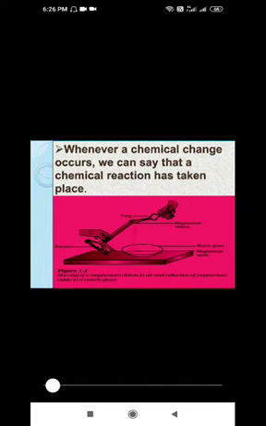And when you put it on the flame of a Bunsen burner or a candle or a spirit lamp or anything like that, you will see that the magnesium ribbon starts burning, right? And when it starts burning, it produces a light, and there is a very specific name for it, dazzling white light, right? So it starts burning with a dazzling white light, right?